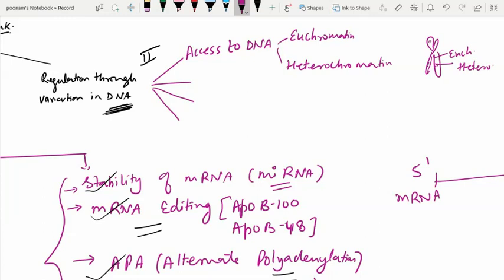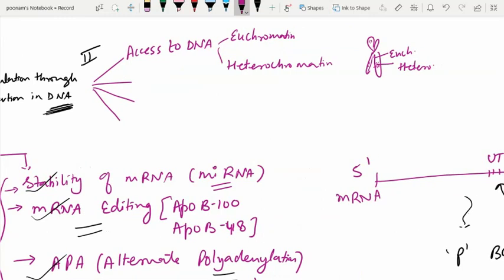It means that the area which has dense packing of the DNA is called heterochromatin regions of the chromosome. Their accessibility to the transcription factor, to the gene promoter areas, is impeded. So those genes are not expressed easily.